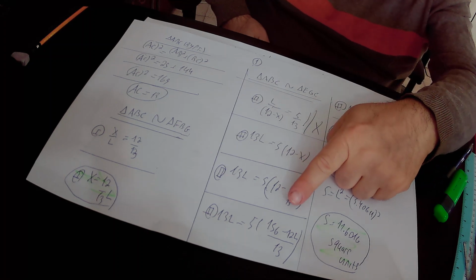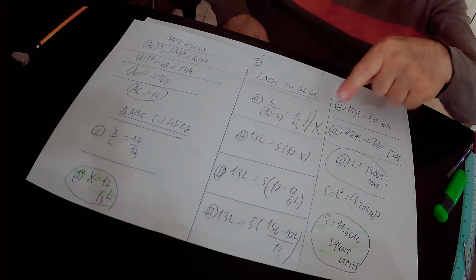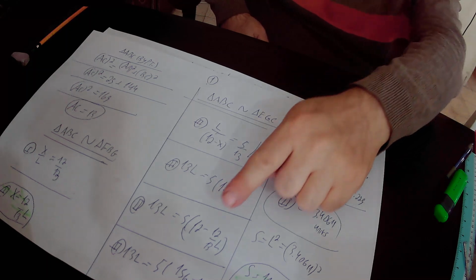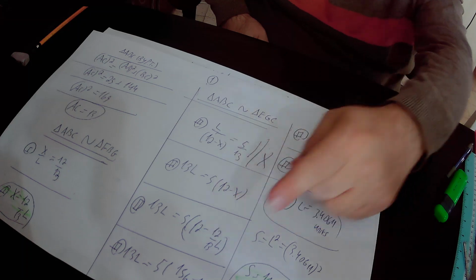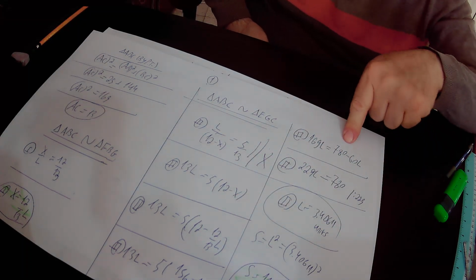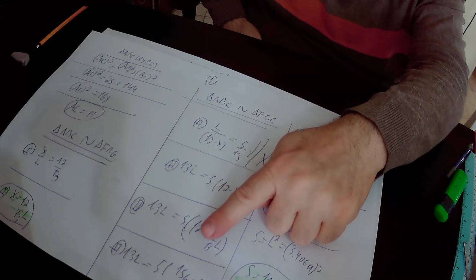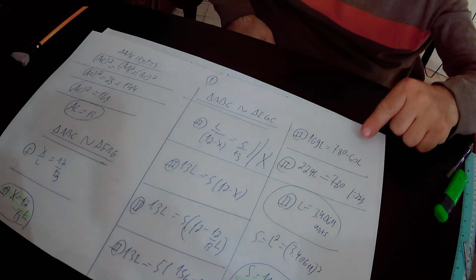We multiply this equation 2 by 13 and found out that 13L times 13 is 169L. Here we open the brackets. We have 5 times 156 is 780. And we also have 5 times minus 12L is minus 60L.